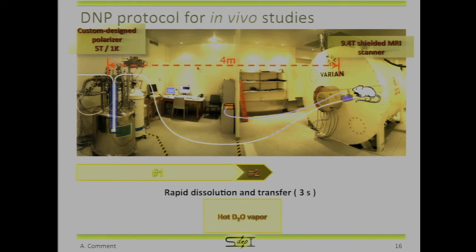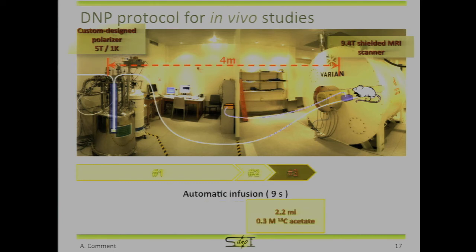Then we send the hot water on it, and we push very quickly with high pressure helium gas into an infusion pump that is next to the animal. That we do in 3 seconds. And after 3 seconds, we inject into the animal. Depending on the volume, it takes 5 to 9 seconds.